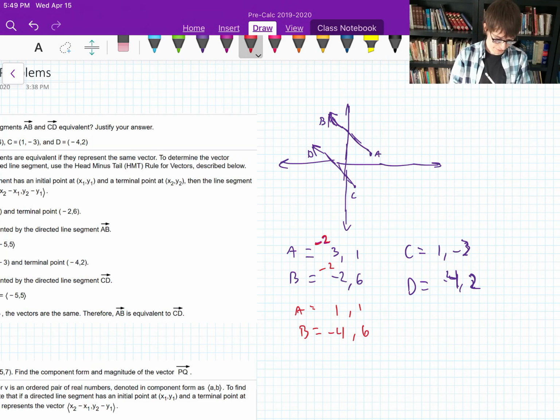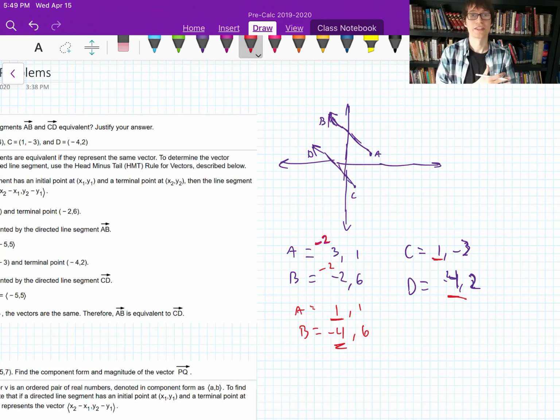So that A value aligns with the C value, and the B value aligns with the D value. We want them to be the same thing, and that's what we're trying to do here. What we've just done is translate vector AB 2 units to the left. And let's see if we can translate it down a few bits so that we can get down to CD.